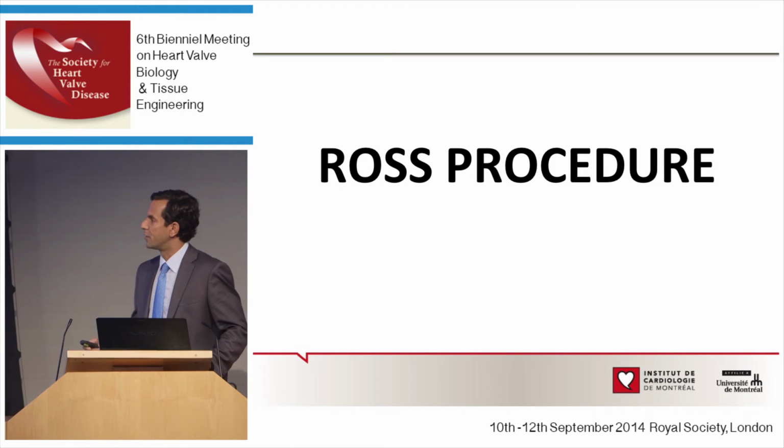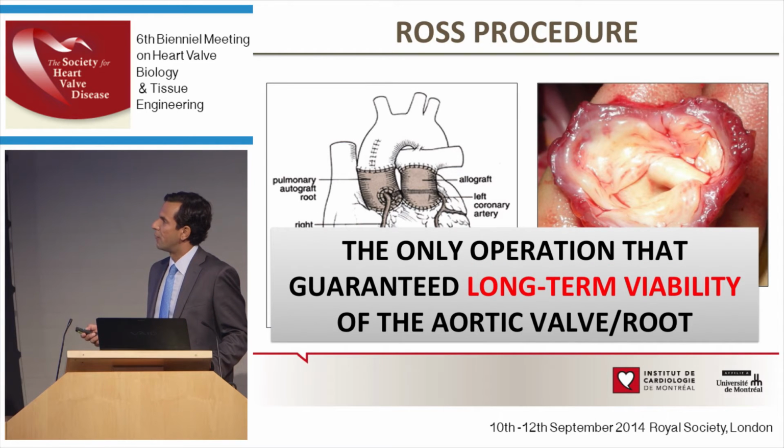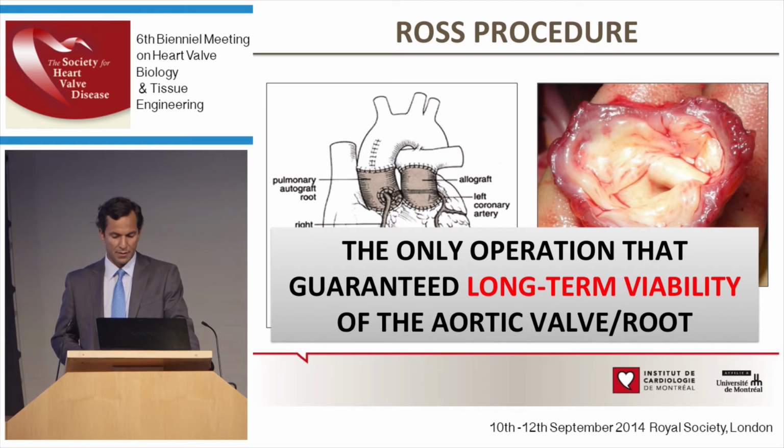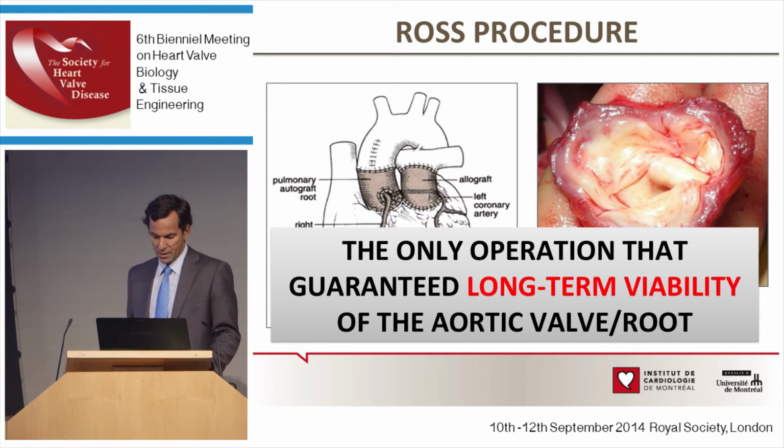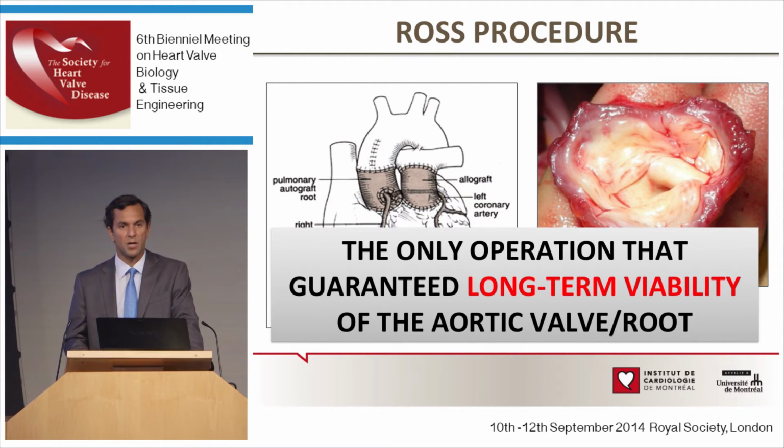As you know, the Ross procedure is an operation which consists of harvesting the pulmonary root and implanting it on the aortic side, either as a total root replacement or using a subcoronary technique or an inclusion cylinder technique. The operation was first described by Donald Ross back in the 60s, and since then has had many new iterations, which I'll describe in some of the following slides.